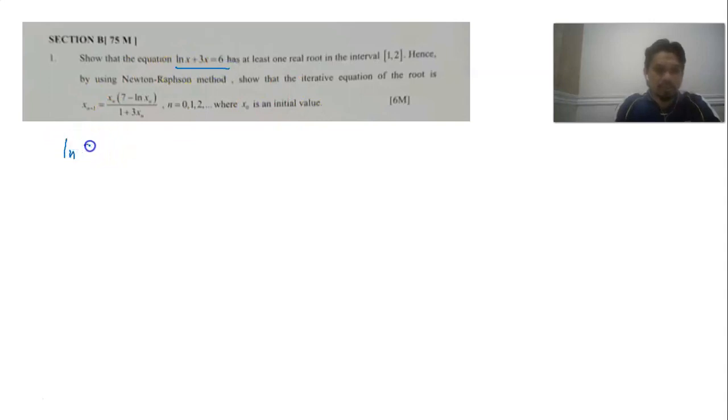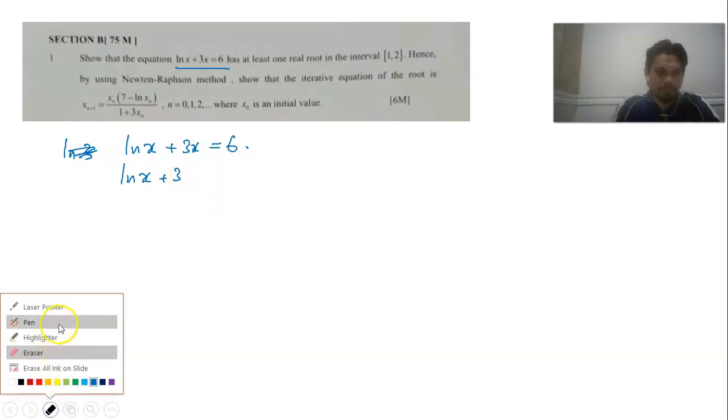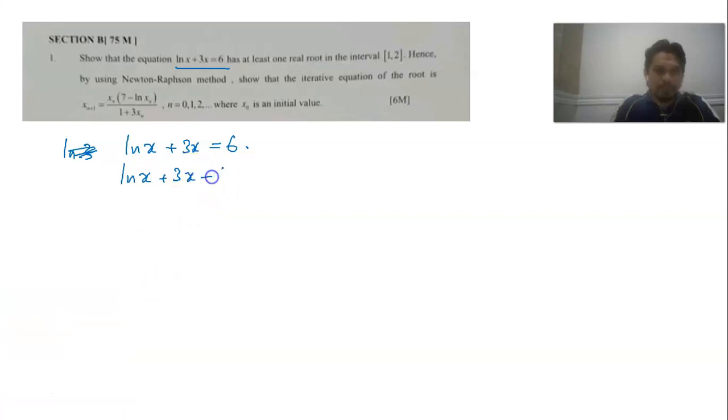Okay, so the first is, let's come up with this: natural log of x plus 3x equal to 6. So natural log of x plus 3x minus 6 equal to 0. Let's consider this as f(x). f(x) equal to natural log of x plus 3x minus 6.